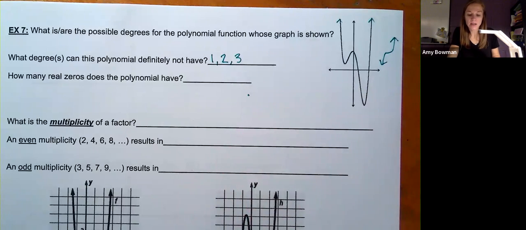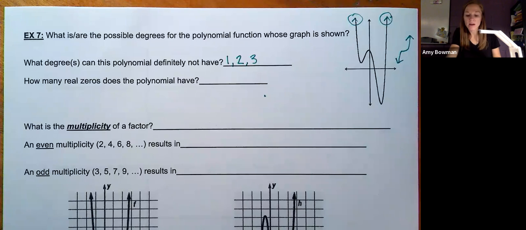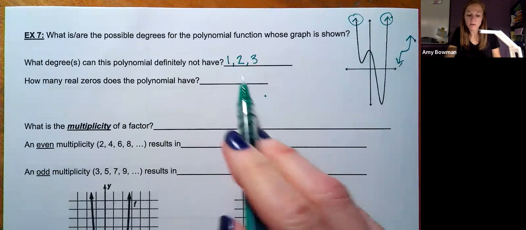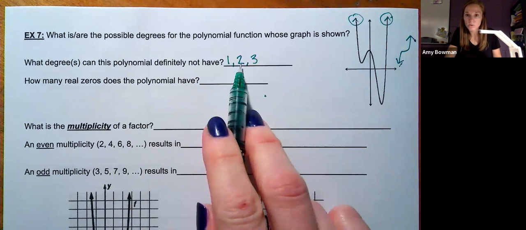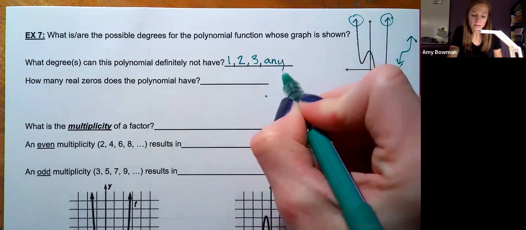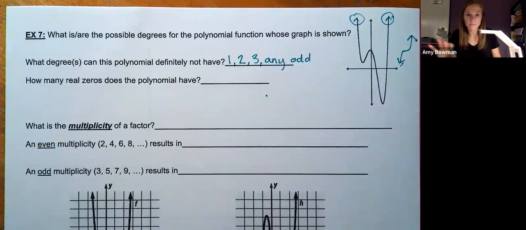In fact, because these ends are both pointing up, if you remember, an even function's end behavior always behaves the same way. So both ends either go up or both go down. And odd functions like this cubic have opposite end behavior at each end. So we know this can't be any odd degree because both ends are approaching the same direction.